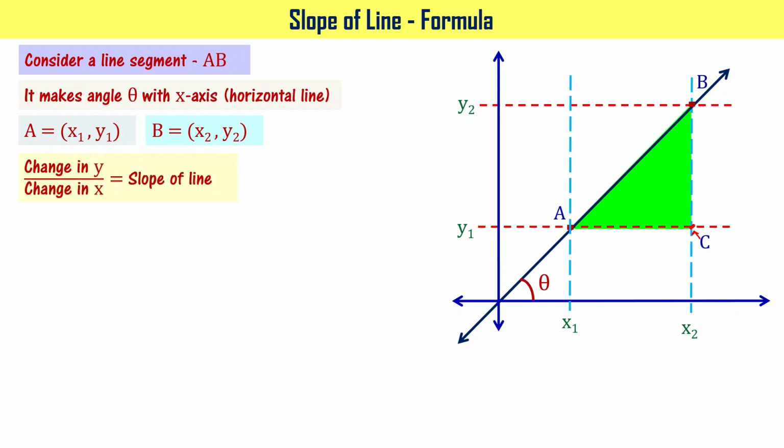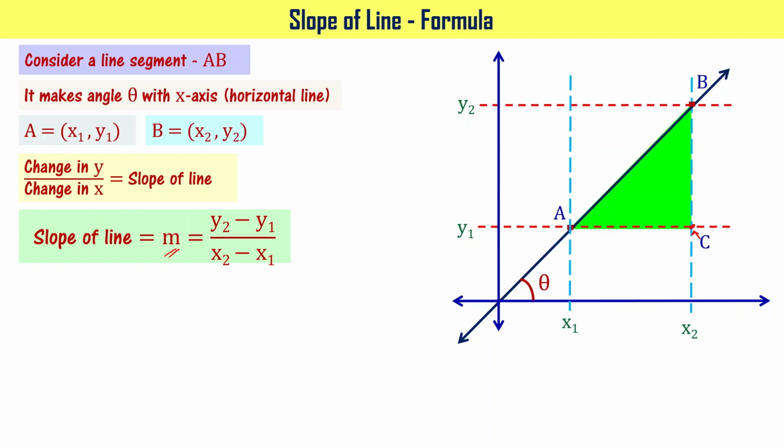And we have learned that slope of a line equals change in y by change in x. So if I denote slope of the line using m as shown here, that is equal to change in y divided by change in x, right?